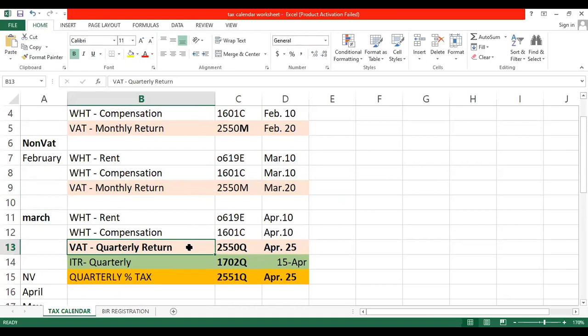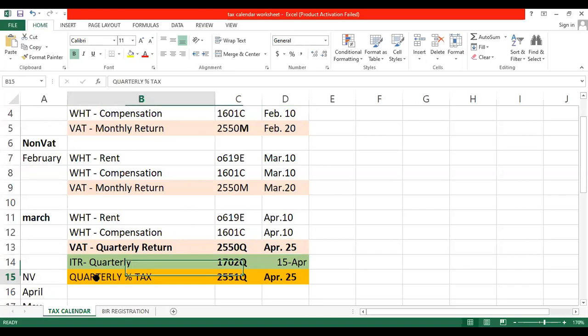So we have your output VAT, all purchases for the quarter, input VAT, we have the VAT due. And then we deduct the VAT payments for January and February, and the excess would be the payable for the quarter. Notice also that the due date would now be the 25th of the month following the quarter. So in this case, it would now be April 25th.